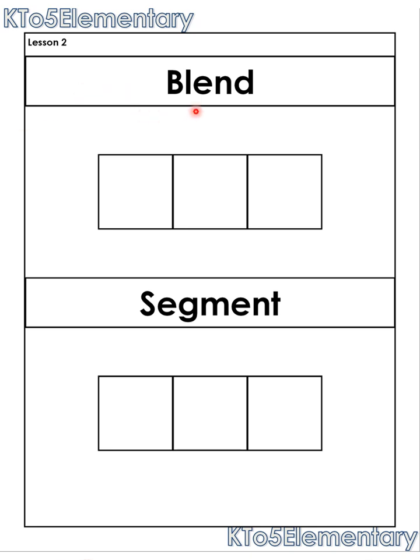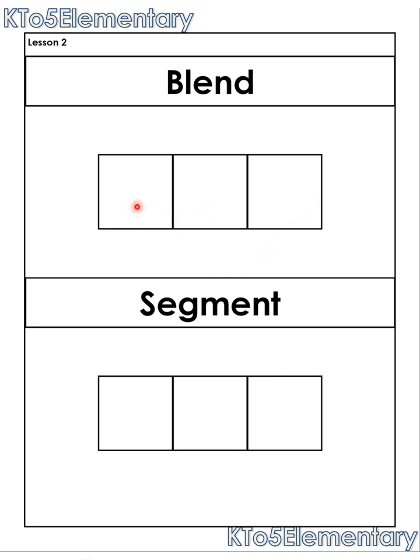Here we will start to blend. What I will do is say different sounds and ask you to put it all together to make one word. The first word is t, a.